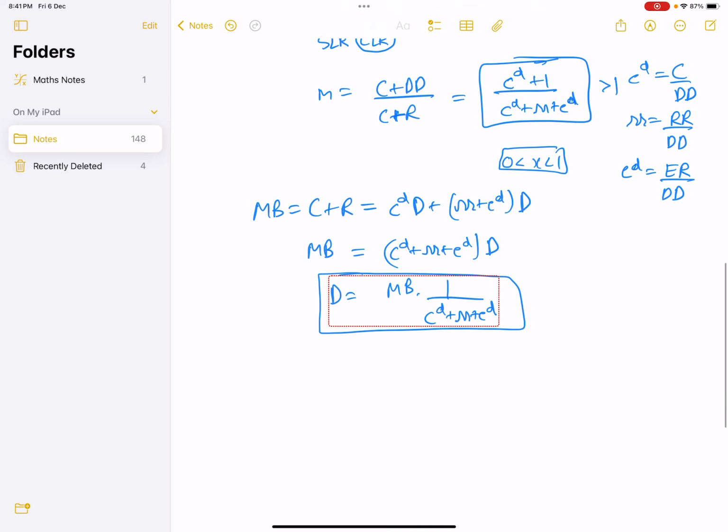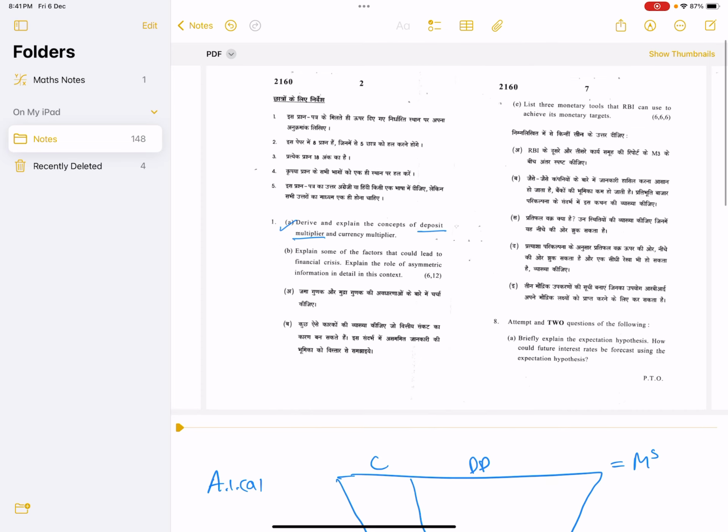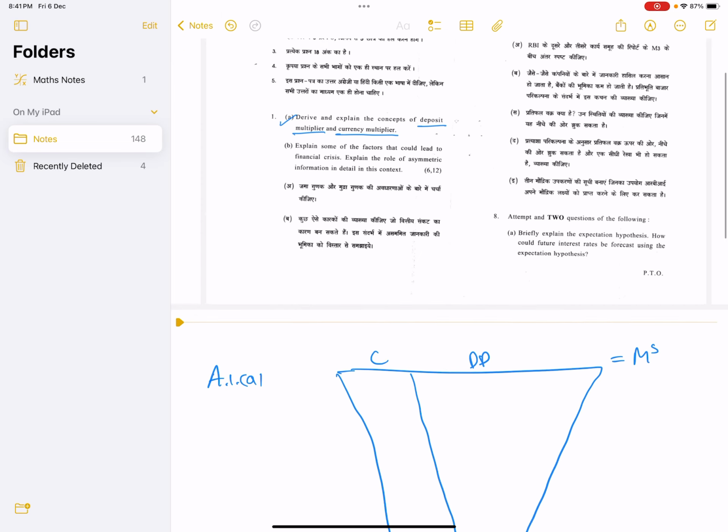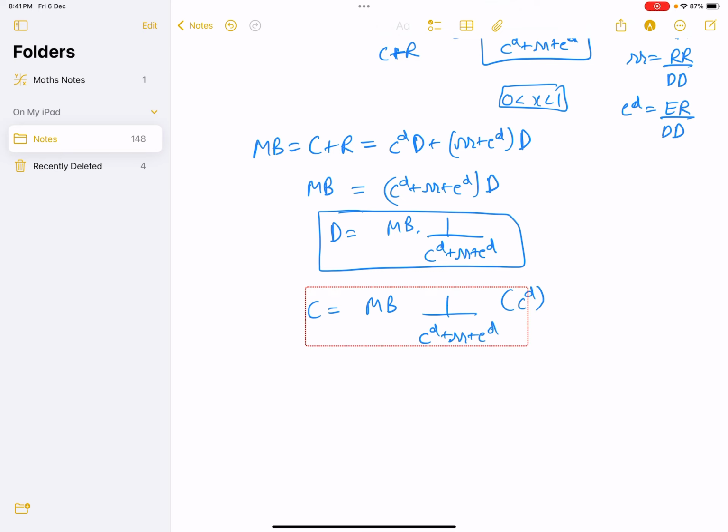Now we are supposed to find the currency multiplier as well. If deposits are increasing by this rate, then currency would increase by the increase in demand deposits multiplied by the currency to deposit ratio. I hope this is clear.